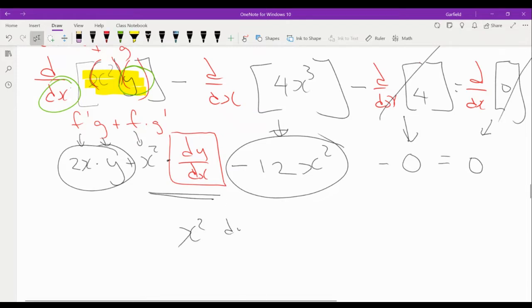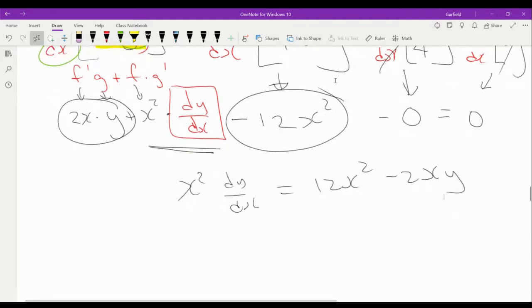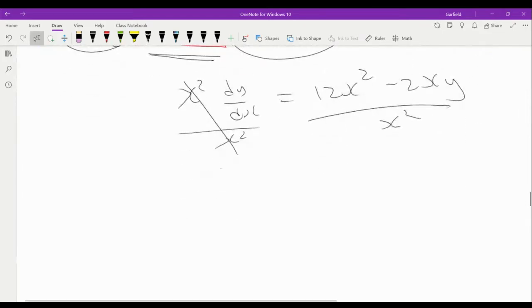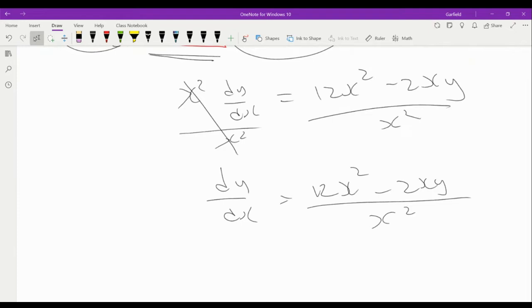So we have x squared dy by dx is equal to 12x squared minus 2xy. And then we divide everything by x squared. So dy by dx is equal to 12x squared minus 2xy over x squared.